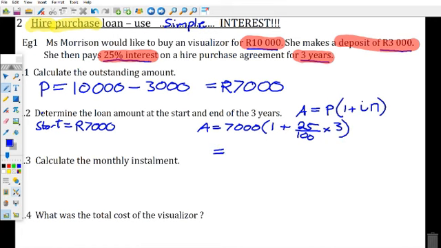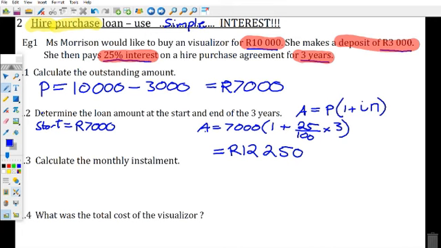So plug that in your calculator and what do you get? Let's see. No, you've done something wrong there. I'm going to get my calculator out now. Make sure you use your brackets. If you don't put your brackets... Okay. So it is 12,250 Rand at the end of 3 years.